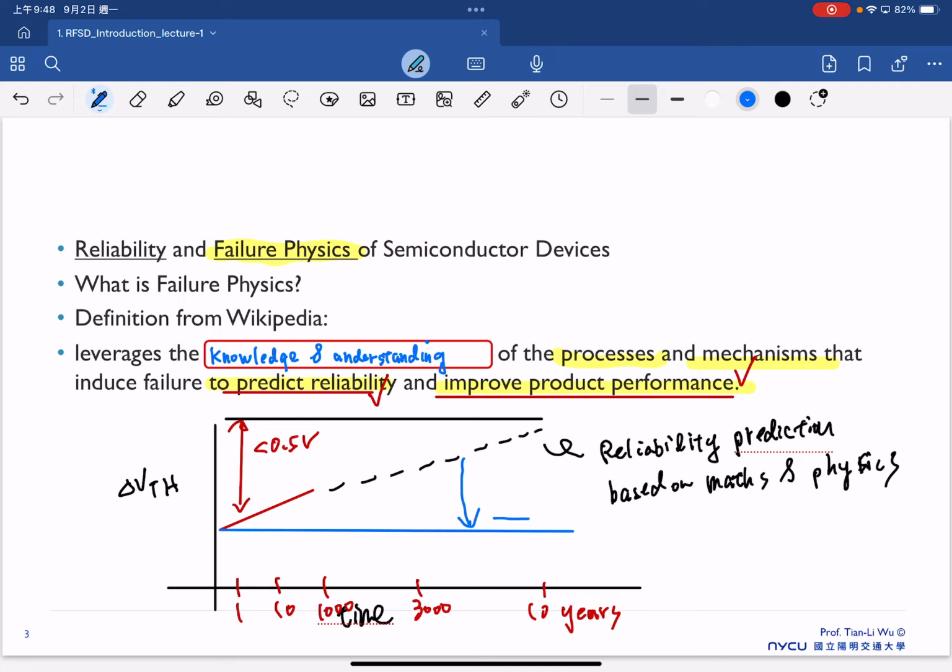So therefore, we need to start to consider improving the process, and improving the design. So that's why reliability is not just about the testing. In the end, it's about the semiconductor physics and process, because we have to use all of what we know related to what kind of process and what kind of design, to possibly improve this reliability. So that's, in the end, the goal.